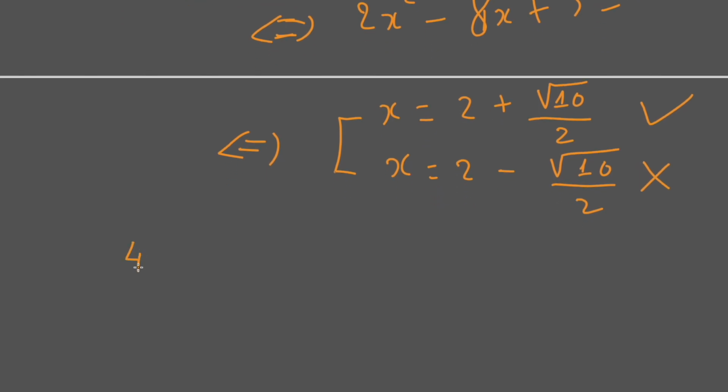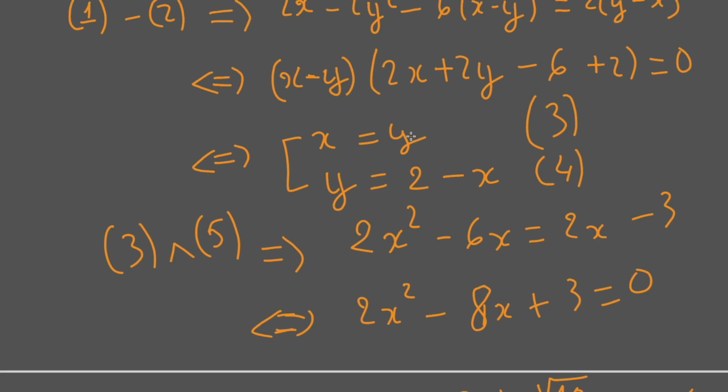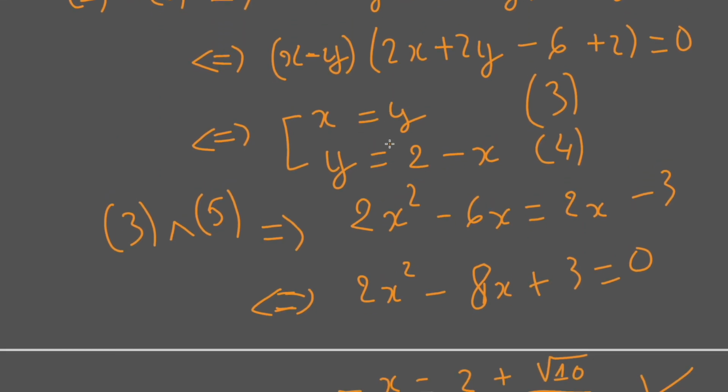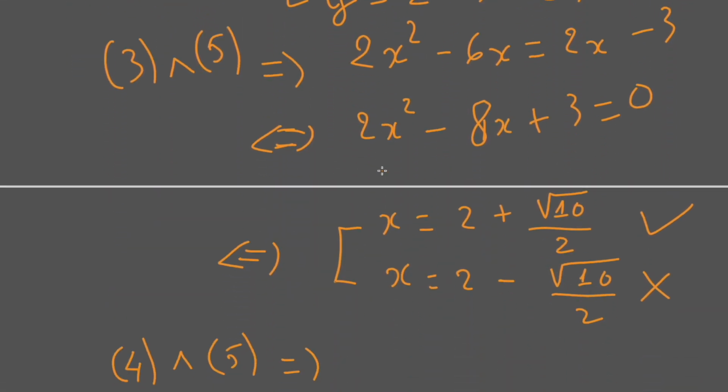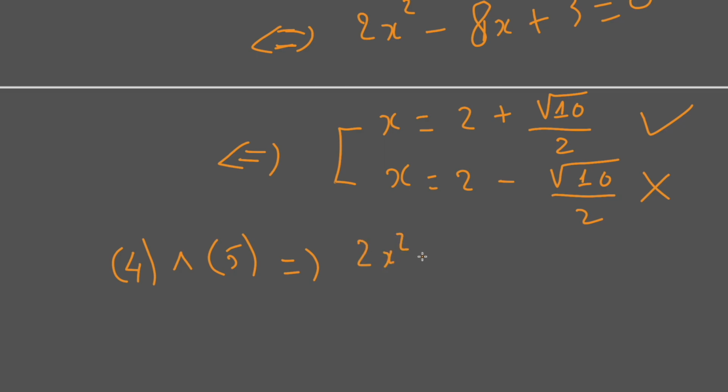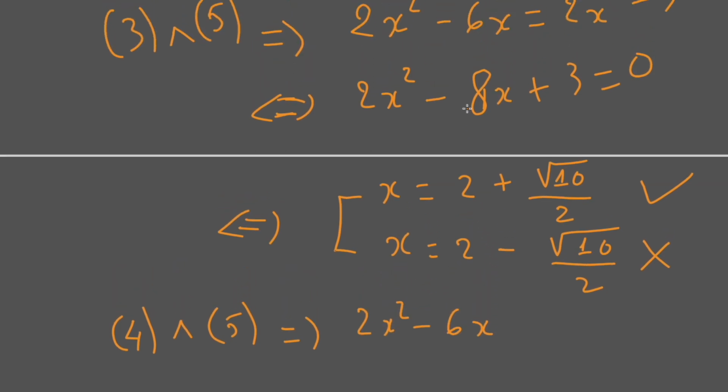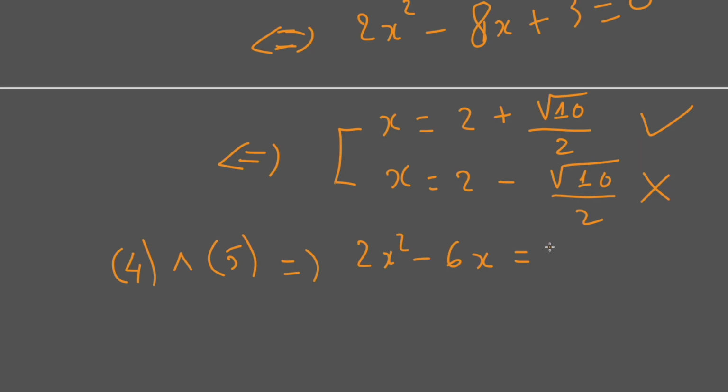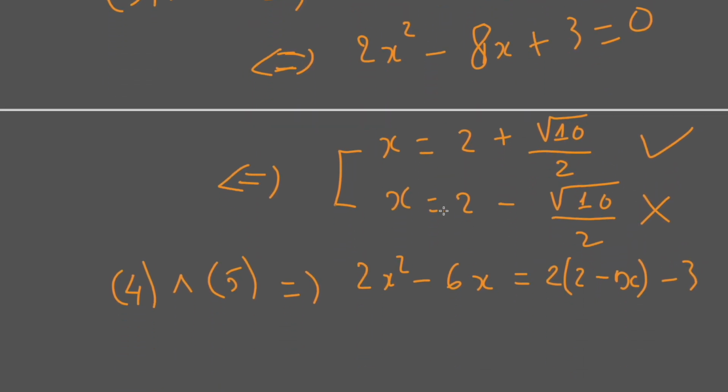And from 4 and 5, we have 2x squared minus 6x equal to 2 times (2 minus x) minus 3.